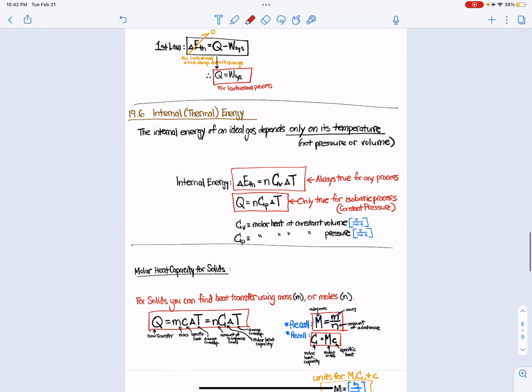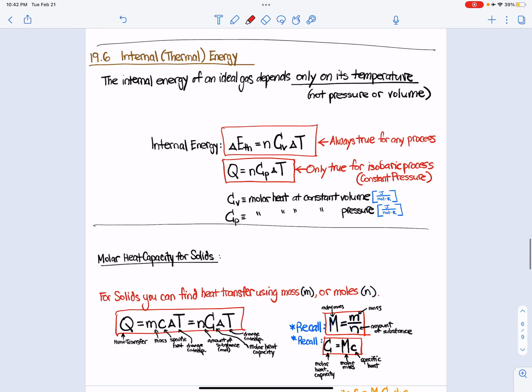All right, we're getting towards the end, just a little bit more. Chapter 19, Section 6, Internal Energy, also known as thermal energy. The internal energy of an ideal gas depends only on its temperature, not on the pressure and not on the volume. The formula to calculate the change in internal energy, delta E_th, is equal to n, the amount of substance in moles, times CV, the molar heat capacity at constant volume, times delta T, the change in temperature.